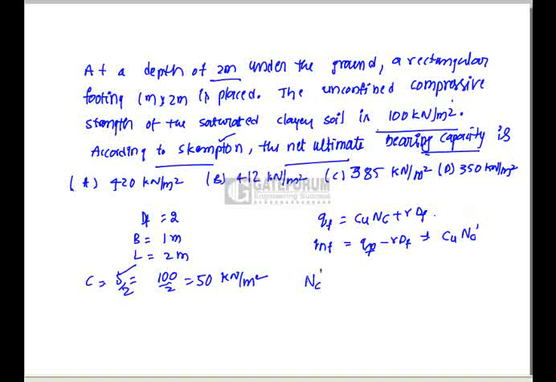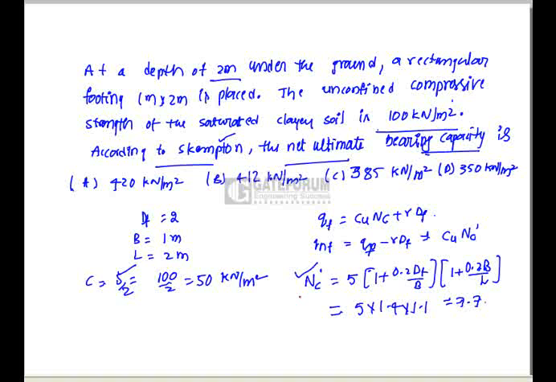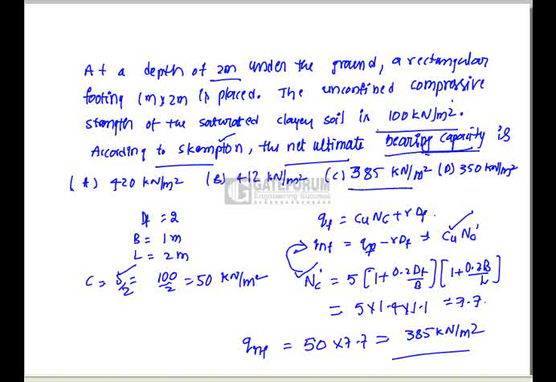As per Skempton, NC prime is equal to 5 into 1 plus 0.2 DF by B into 1 plus 0.2 B by L. By substituting these values, NC is 5 into 1.4 into 1.1, that is equal to 7.7. QNF is equal to 50 into 7.7, that is equal to 385 kilonewton per square meter. So the net ultimate bearing capacity of the above problem is 385. Option C is correct.